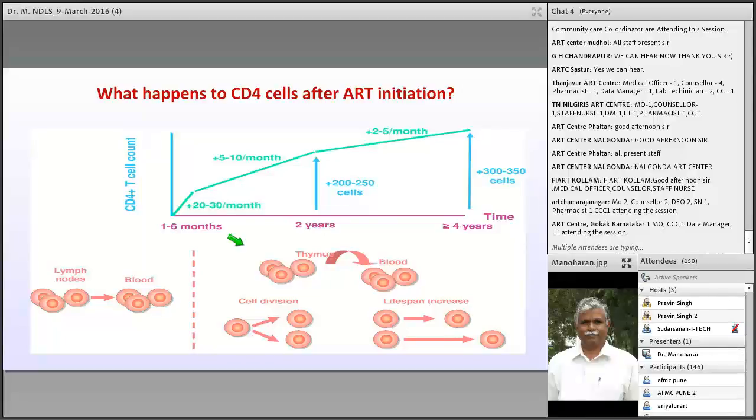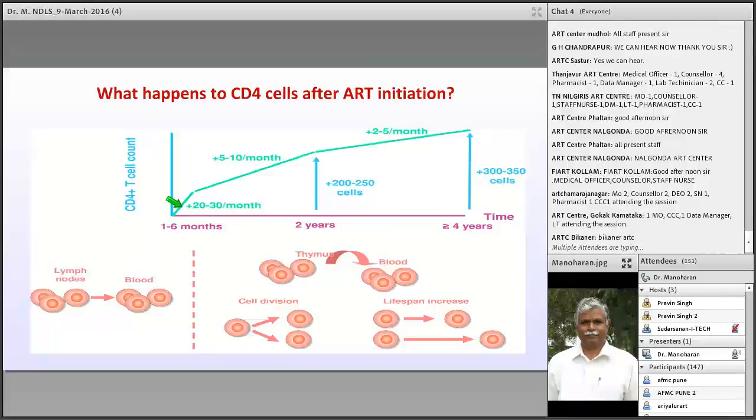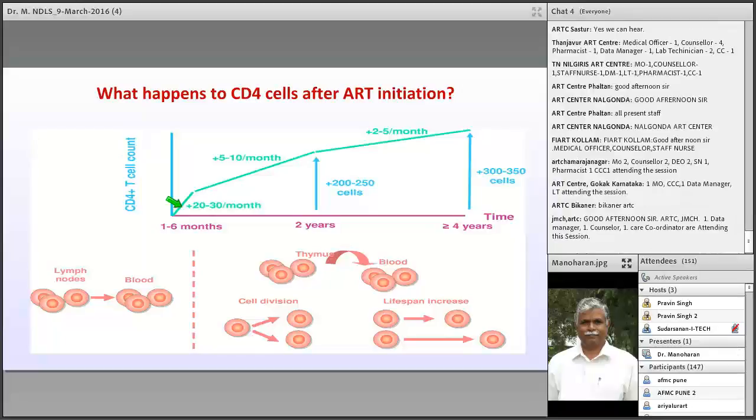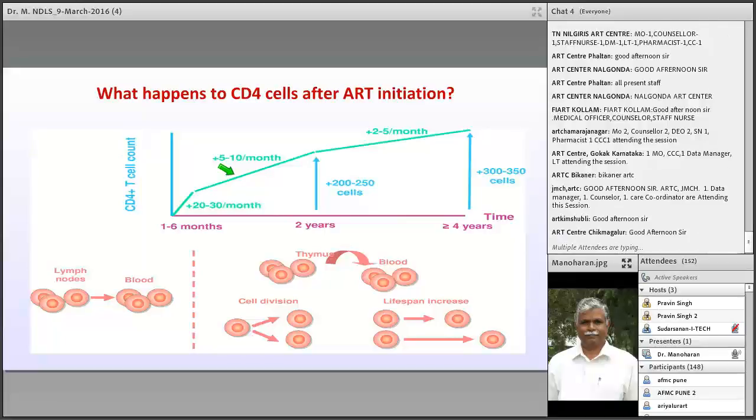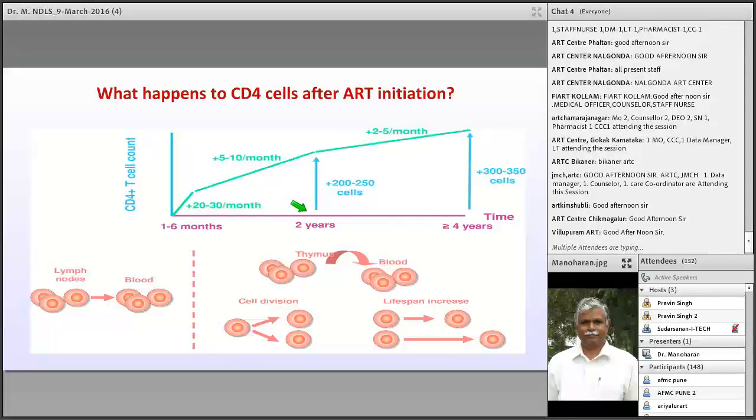The first phase lasts for about 6 months, that is the initial first month to 6 months, where the CD4 increases by 20 to 30 per month. And there is one author who says that this can go up to 10 months. And then the second phase, where you get an increase of 5 to 10 cells every month, and this period lasts up to 2 years.